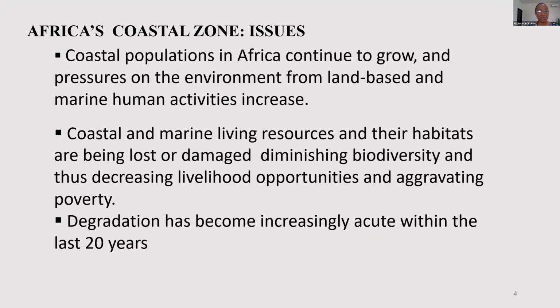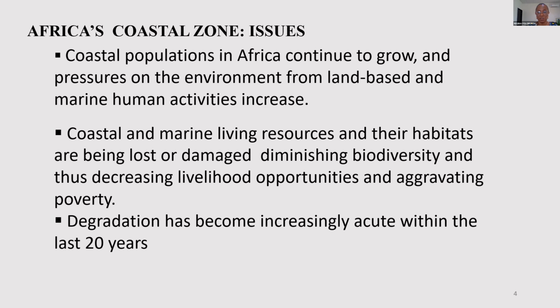In the coastal zone, populations in Africa continue to grow, and pressures on the environment from land-based and marine human activities increase. Coastal and marine living resources and their habitats are being lost or damaged, diminishing biodiversity and thus decreasing livelihood opportunities.